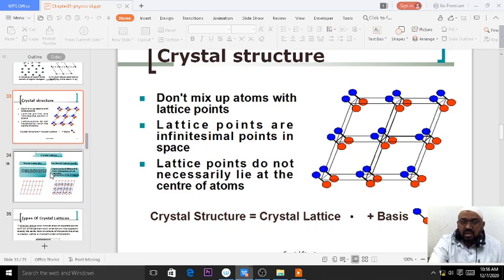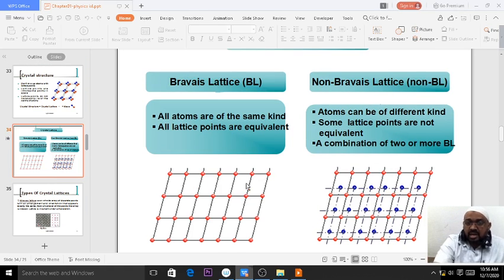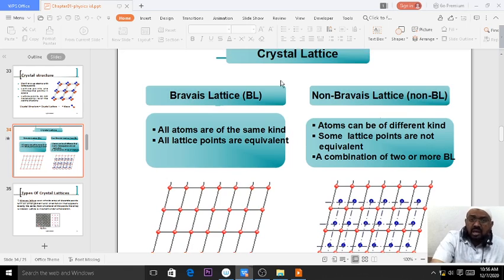As you go to the next one, what is actually the crystal lattice has been classified into two different classifications. The concept of the Bravais lattice is given by Bravais. So I am removing this particular word crystal, and instead of that I'm writing Bravais.